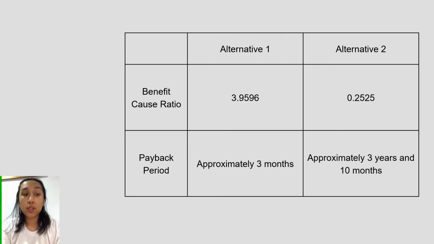And for the payback period, alternative 1 is approximately 3 months only based on the decimal value, and alternative 2 is approximately 3 years and 10 months. With these results, we would be choosing alternative 1 as it has the highest benefit cost ratio and shortest payback period. This is true due to how buying machines is a long-term investment but could be beneficial in the end.